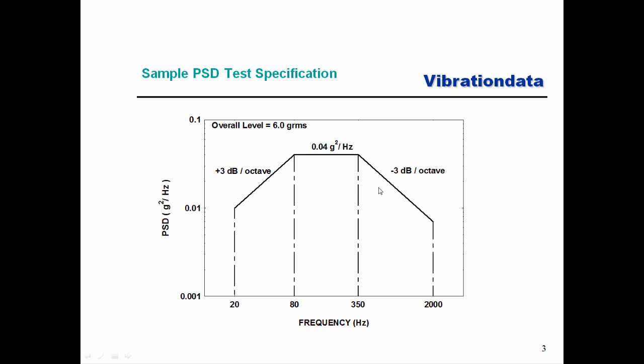That's where probably 95% of electronic boxes have their fundamental frequencies. Now, are there outliers? Are there exceptions? Yes, there are. But if we test from 20 to 2000 hertz, that's going to represent the energy fairly well that's capable of exciting that fundamental mode on that circuit board in that electronic box.